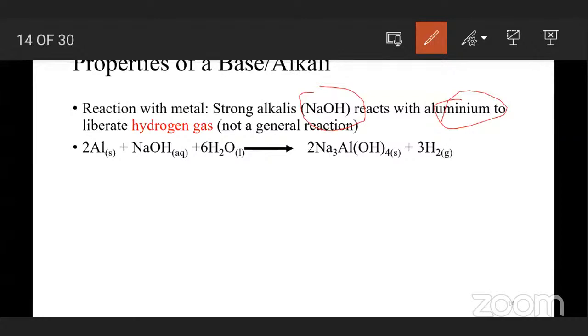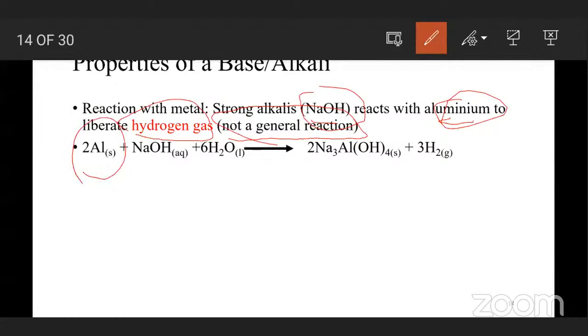But we have some cases in which sodium hydroxide, a very strong alkali, can react with aluminium metal, or fine aluminium dust, and you have evolution of hydrogen gas. It's not a general reaction, just like I indicated here. So you can have this kind of reaction.